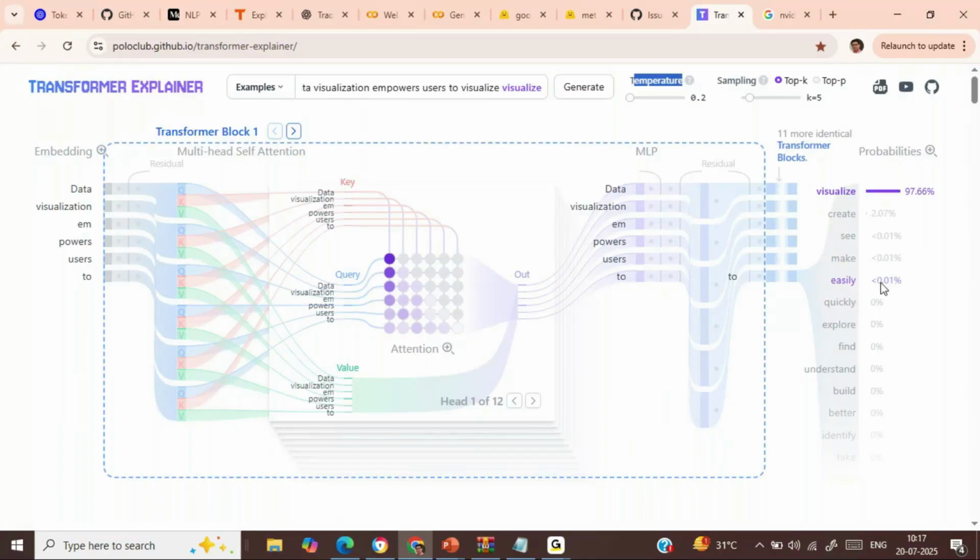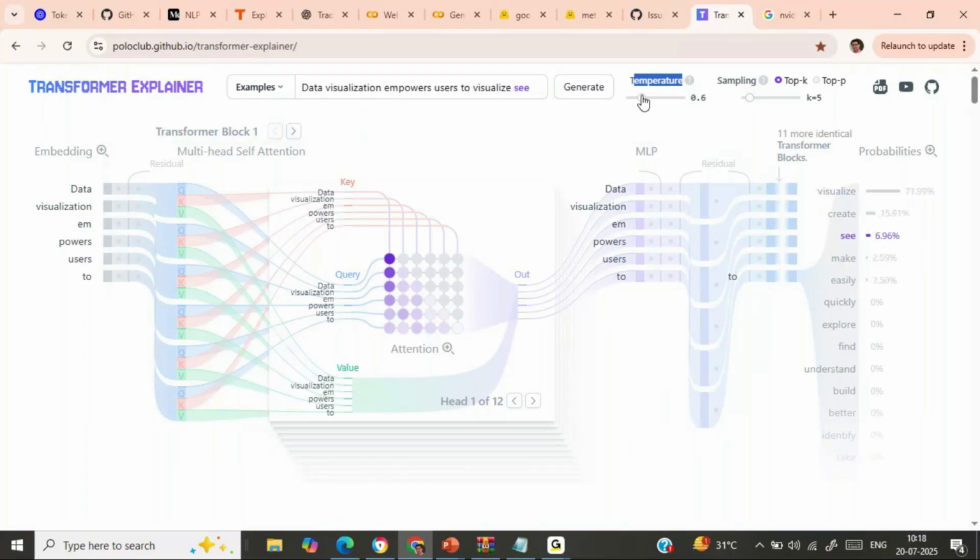This particular answer is not natural at this moment. Okay, so over here you will not be getting multiple variations of the outcome, but if we are increasing this temperature, then you will be getting more and more answers. Okay, and the answers will be more generalized, as we are able to see: create, see, make. Okay, and how these particular things are happening, just have a look.